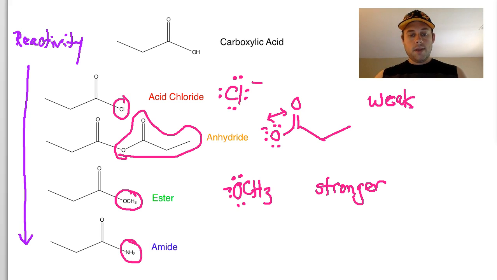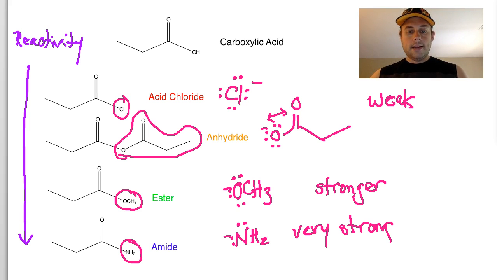And then finally, when we come down to an amide, an amide anion, an NH2- like this, is a very, very strong base. When we get to a point like this, that helps to show why the amide is so unreactive in comparison to the other derivatives, because it's very difficult to kick off an NH2 and get it to stay off. This is going to be a very poor leaving group because it's a very strong base.